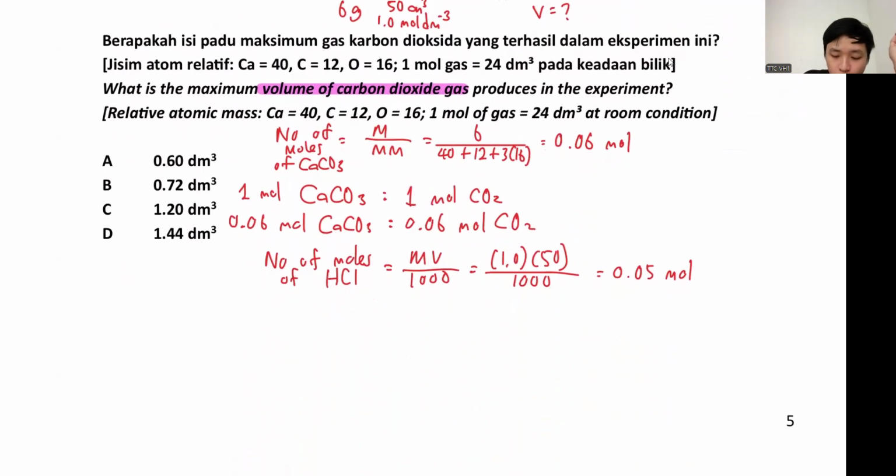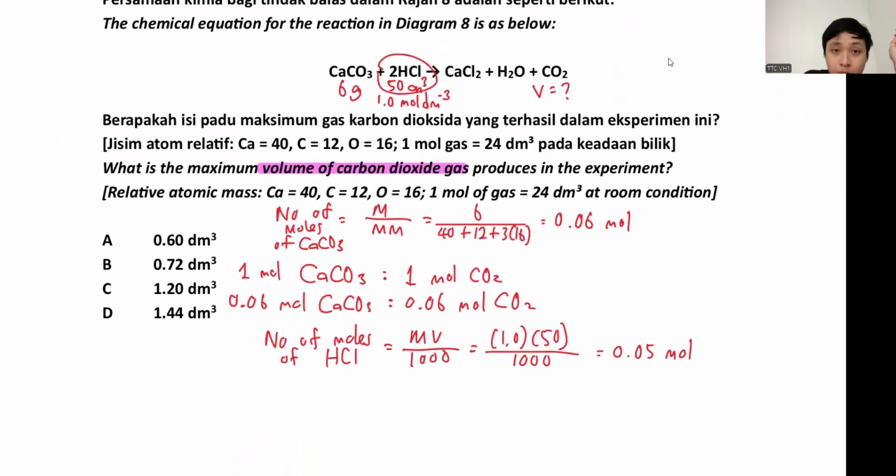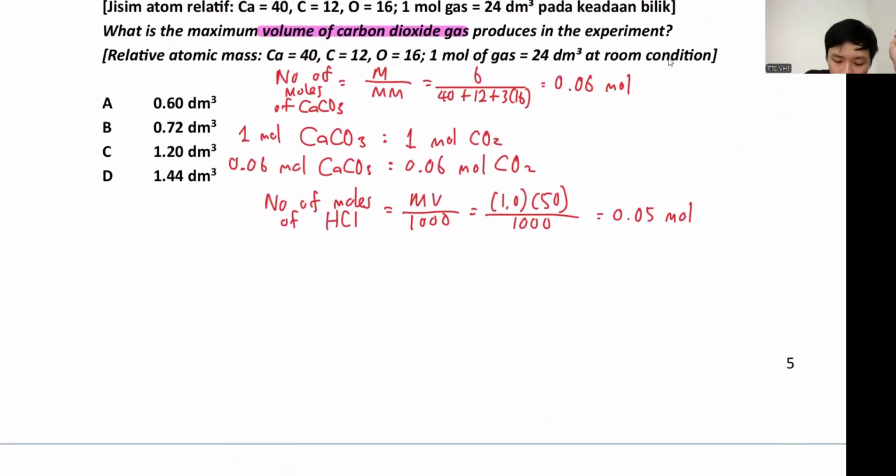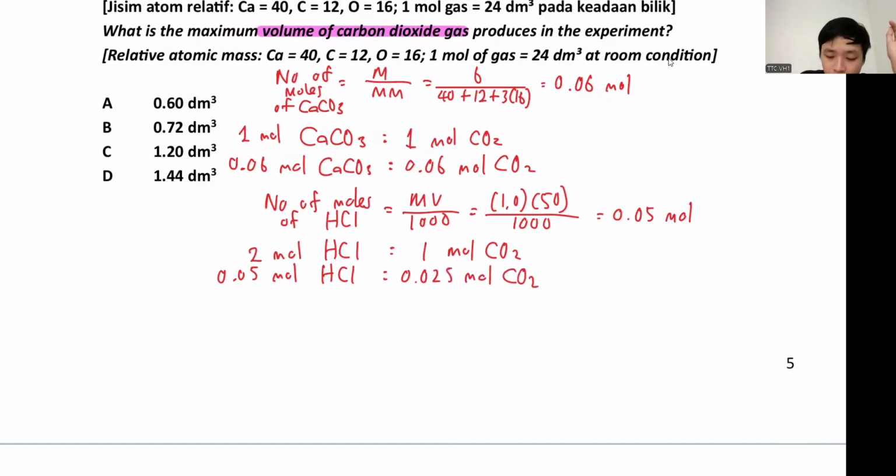the ratio is 2 mole of HCl to 1 mole of CO2. It means if you got 0.05 divided by 2, you get 0.025. So this one is 0.06, this one is 0.025.